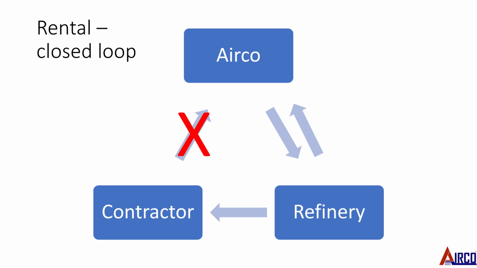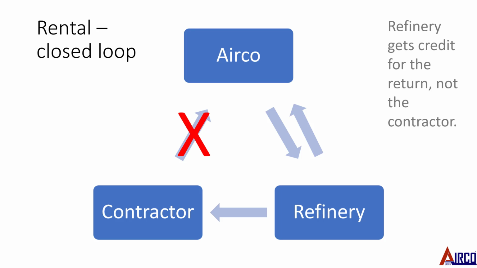So you'll see the system basically pretends, I guess you will, that the cylinder came back from the refinery. And I won't say pretend. It basically does an accounting adjustment that says, hey, no, Mr. Contractor, you didn't have the cylinder. The refinery did. So in this case, the refinery gets credit for the return, not the contractor.